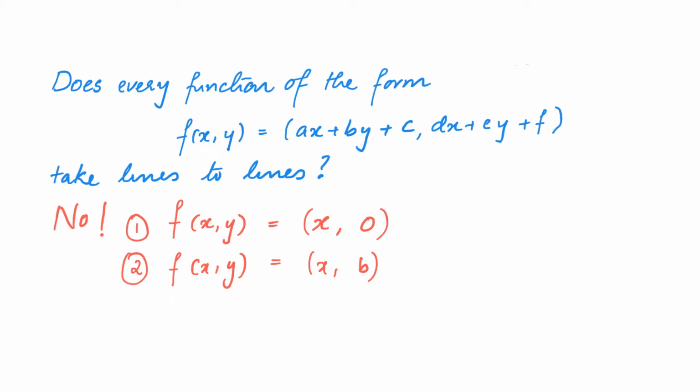We can also consider the extreme case of a function of the form f(x,y) = (c, f), which sends all lines to the point (c, f). So these examples show us that lines need not get mapped to lines under functions of the form f(x,y) = (ax + by + c, dx + ey + f).